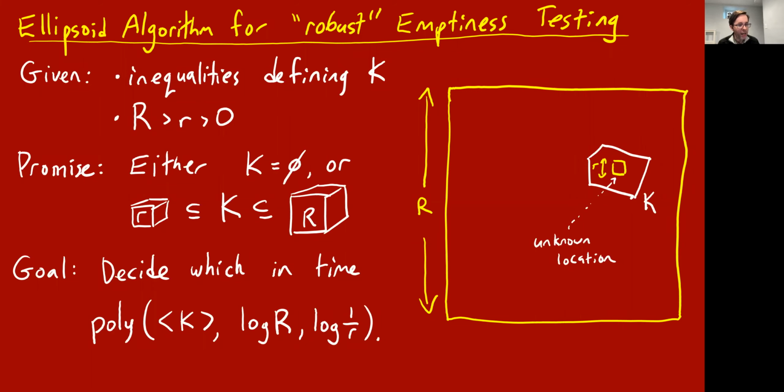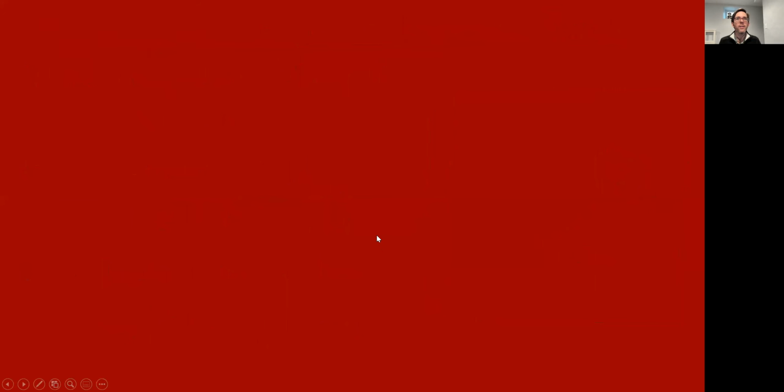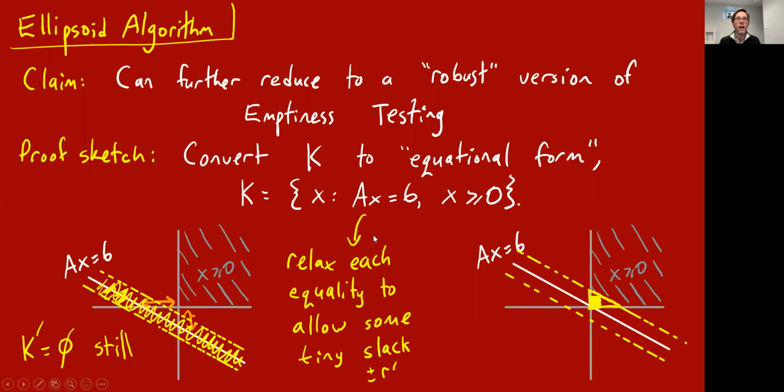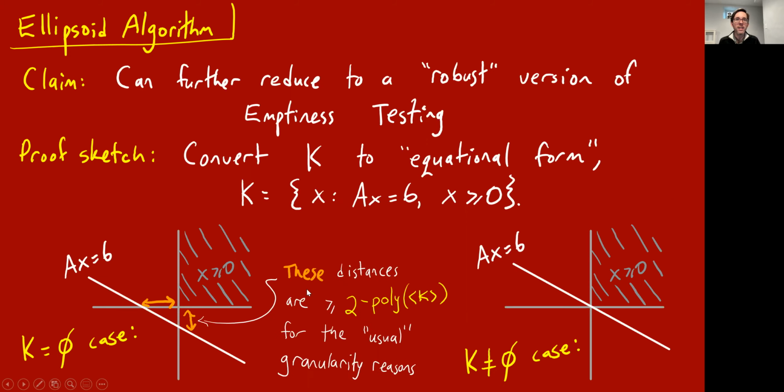There's another question that asks, to convert K to a robust version, should we have log 1 over little r to be at least the number of bits of K? Yeah, exactly right. So let me go back a couple of slides. I showed you here the reason why we can assume without loss of generality this little r, or r prime as I call it here, exists. And as I mentioned back on this slide, this little r, you have to take it quite small.